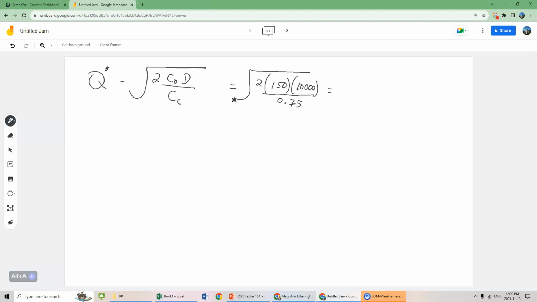So we calculate that, we will get 2,000. So if they order 2,000 units, 2,000 yards I think it is, that will be the order amount that will minimize our total cost.